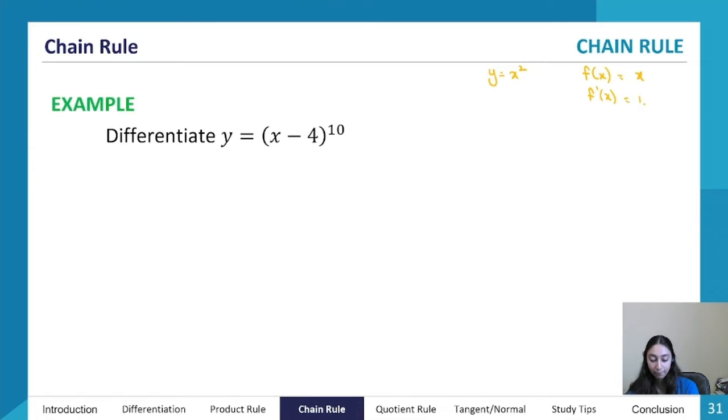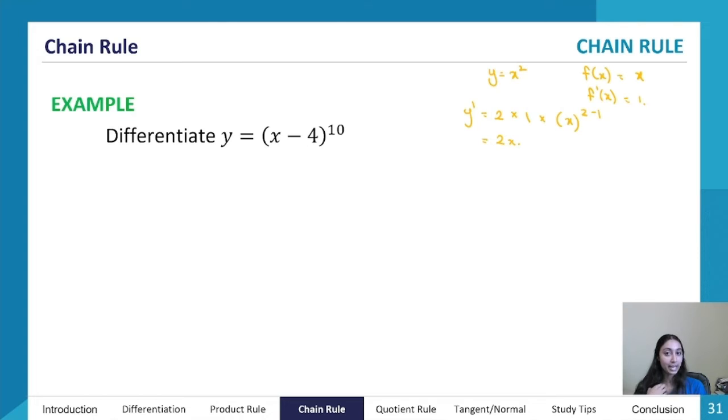So doing my plain example, my y dash will be equal to bring the power to the front. So 2 times f dash of x, so 1, times f of x, so just x to the power of 2 minus 1, so 1, which leaves me with just 2x. So even the simpler rule is just the chain rule again, but a little bit nicely done because x's derivative is just 1. Okay, and that will nicely lead us into the explanation for this question.